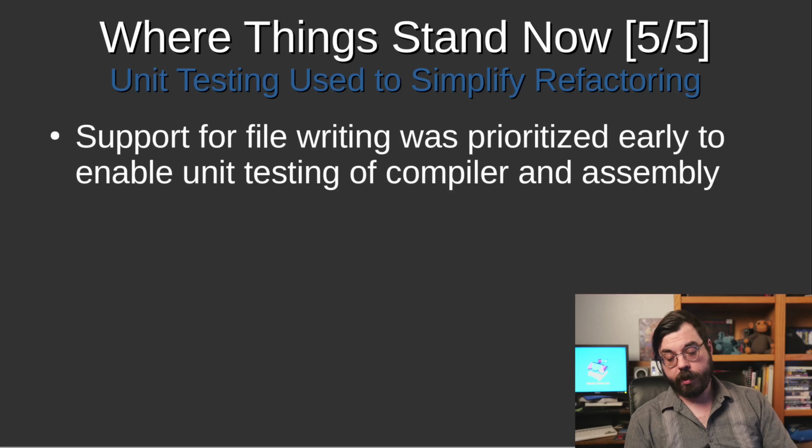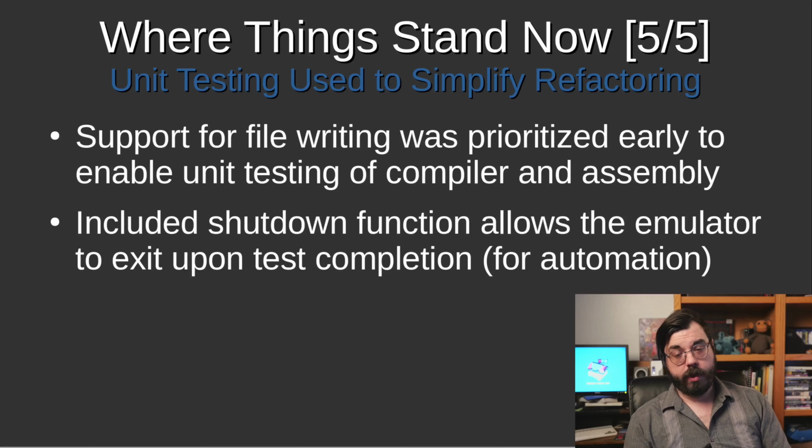I mentioned this a little bit earlier, but one of the reasons I added file writing so early on in the process was so that I could effectively do unit testing for my generated code and the output from said generated code. As a part of this, I wanted to include a shutdown function. There's a cool set of values you can poke into memory that lets you shut down the X16 very easily.